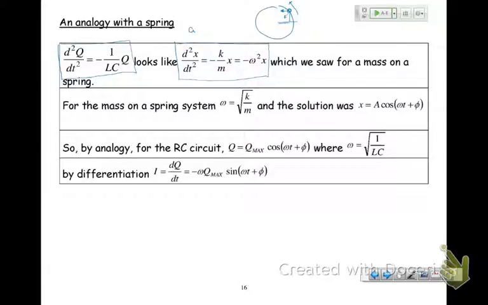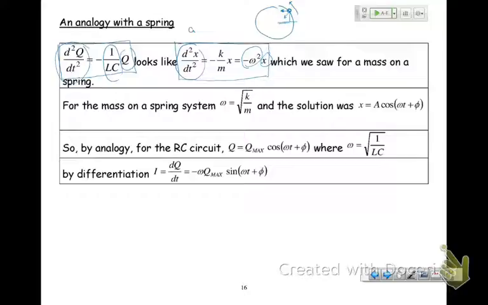And we said, oh yeah, we can figure out that the acceleration equals minus omega squared x. Well, what they then say is, oh look, that is like that, and that is like that, so that is like that. And so we end up with omega is equal to the square root of 1 over LC.